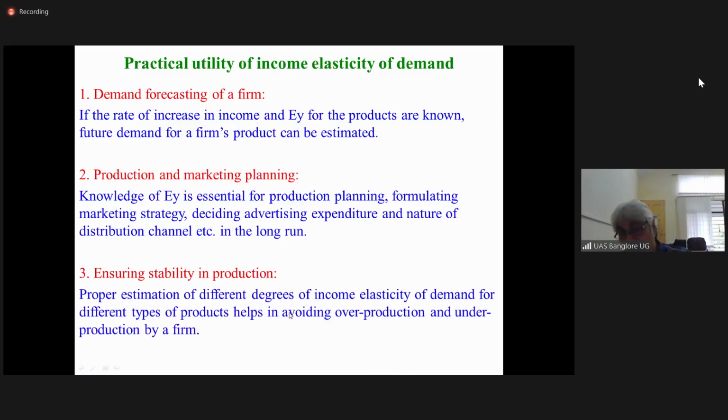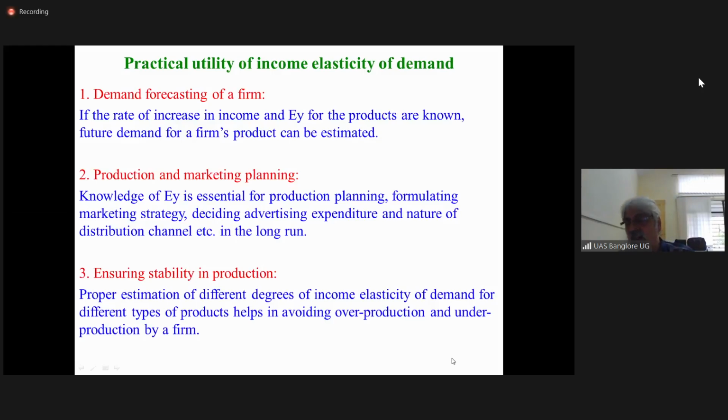Proper estimation of different degrees of income elasticity of demand for different types of products helps in avoiding overproduction and underproduction. If we know whether our good is an inferior good, a superior good, a normal good, or a necessity, then we know what will be the response of the consumers to an increase or decrease in income.